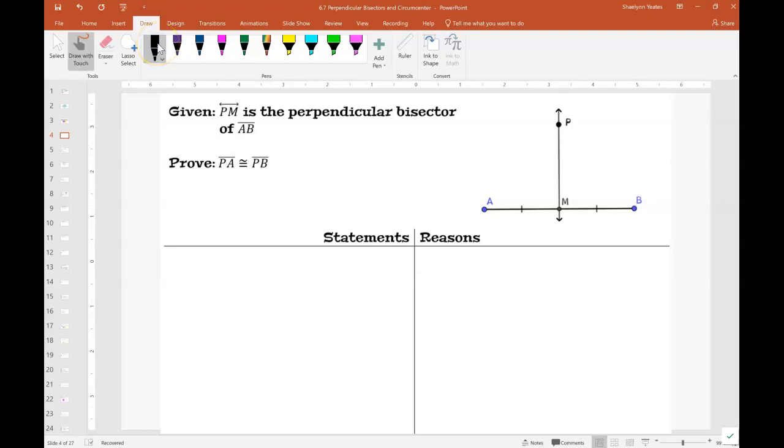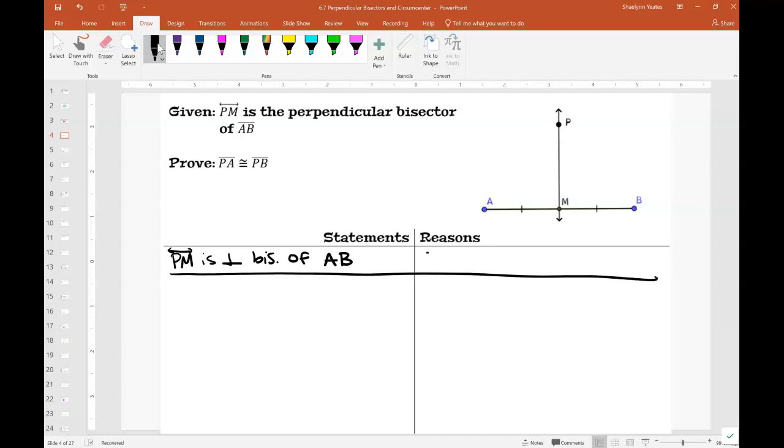Here we're given that PM is the perpendicular bisector of AB, which is kind of cool. So we know that line PM is the perpendicular bisector of AB. Basically, what we're trying to prove is that this distance from P, which could be anywhere on this line, I don't care where P is, it could be above the line, below the line, halfway up the line, doesn't matter.